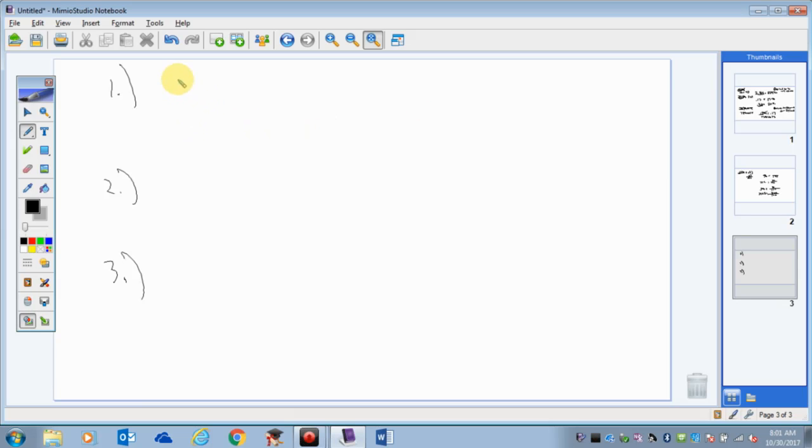So the first one will be 22%. So I want it as, what is a decimal? And what is a fraction? Make sure if it's a reducible fraction, you reduce it. I'll have 0.38.